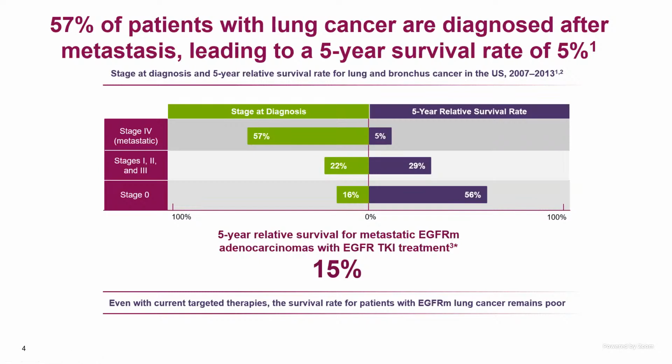If you compare to the average 5-year survival for all the patients, which is 5%, the population which is EGFR positive has survival rates of 15%. So at least it is 3 times higher in the EGFR mutation positive lung cancer patient compared to the overall population. That means that EGFR is a favorable prognostic factor for a lung cancer patient. Next slide.